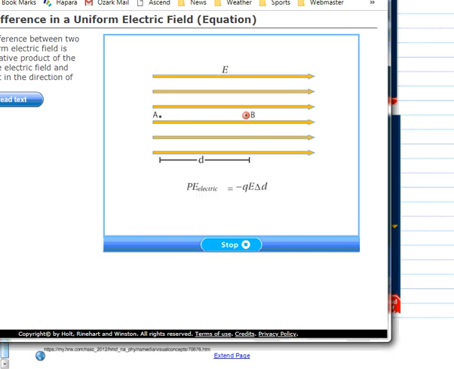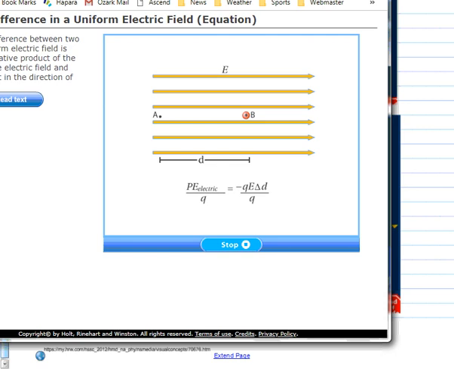The equation for the electric potential energy of a charge Q in a uniform electric field E shows the simple dependence of potential energy on Q, E, and delta D. Just as the gravitational potential energy of a mass falling through a gravitational field decreases, the electric potential energy of a positive charge moving in the direction of an electric field also decreases.